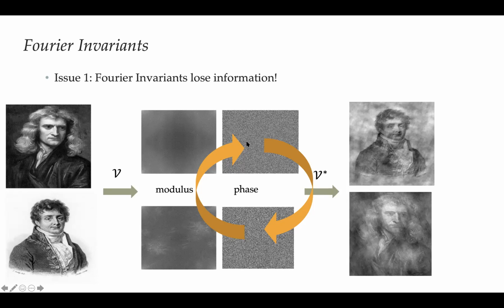What you see is that if I apply this phase swap, what you get if you transform Newton is something that looks much closer to Fourier than to Newton, and vice versa. So the way to interpret this is that most of the semantic information is carried in the phase, not in the modulus.